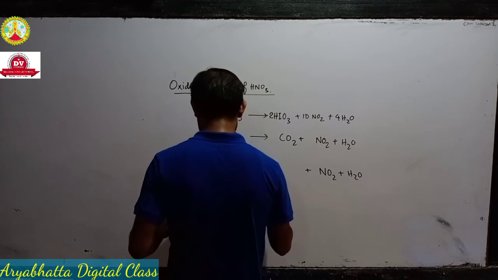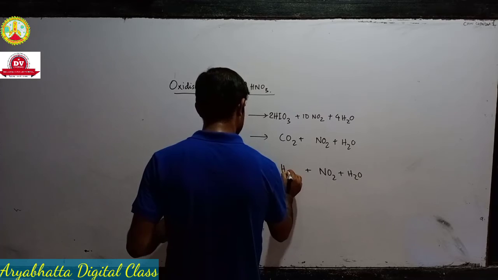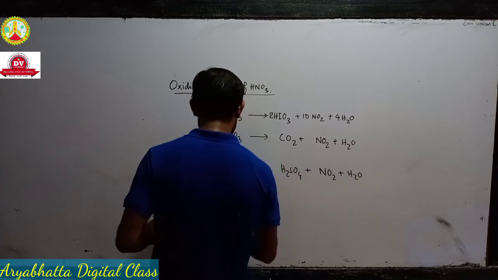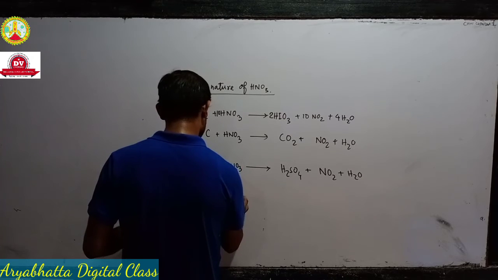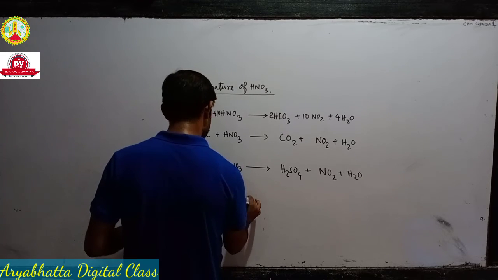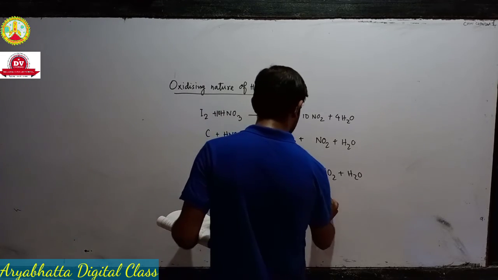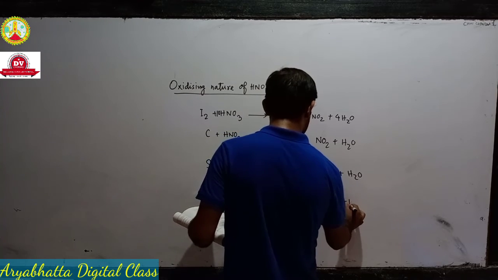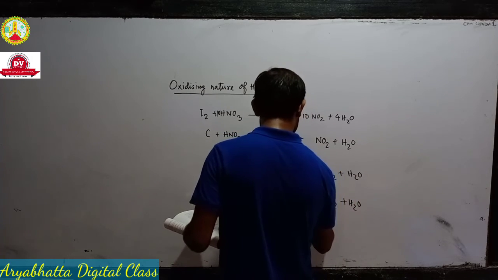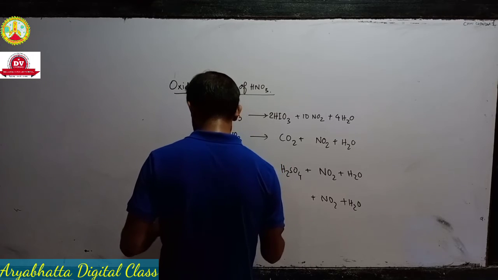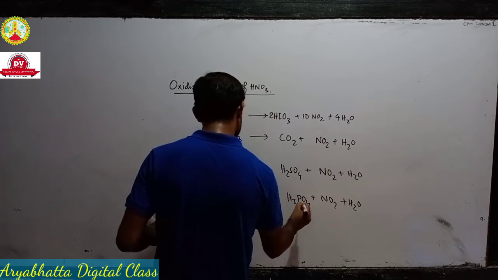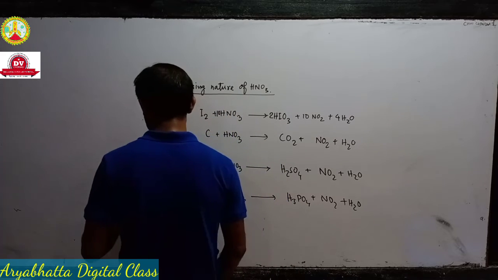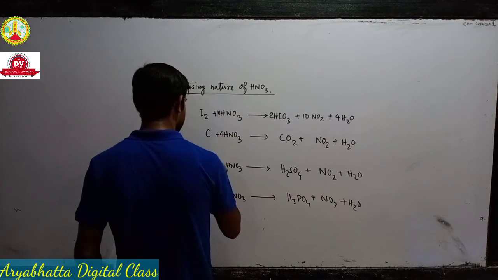It will give H2SO4. With phosphorus, again you will get NO2 and H2O plus H3PO4. Now balancing, you have to do the balancing.